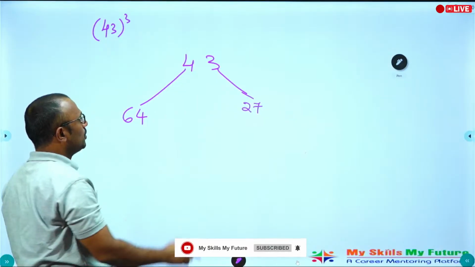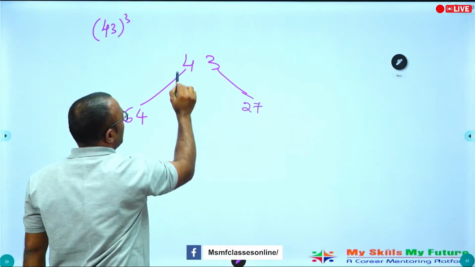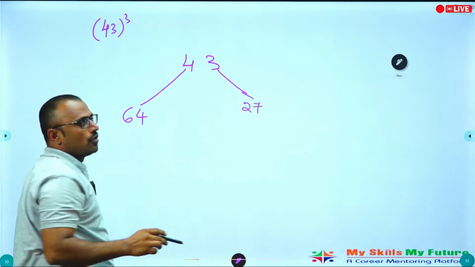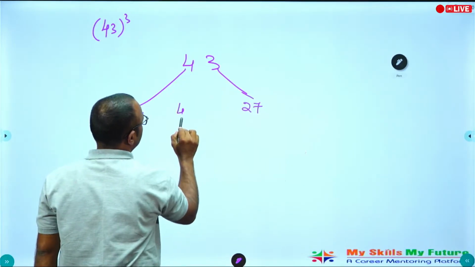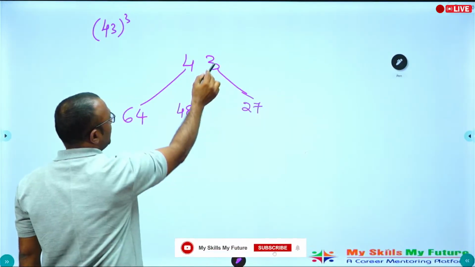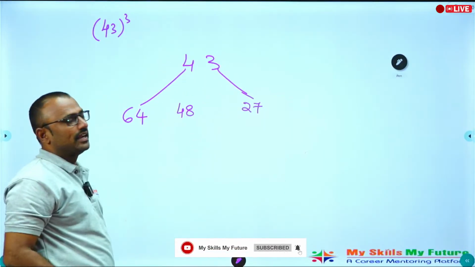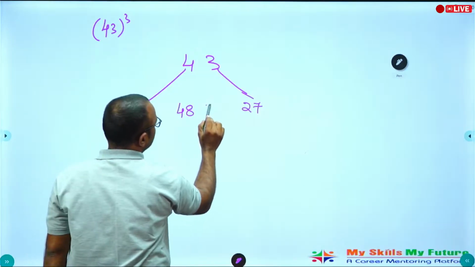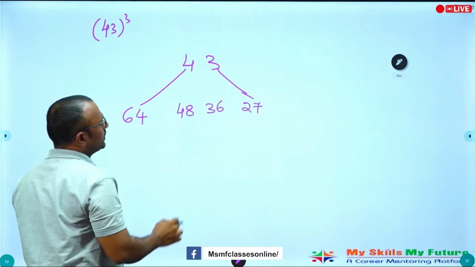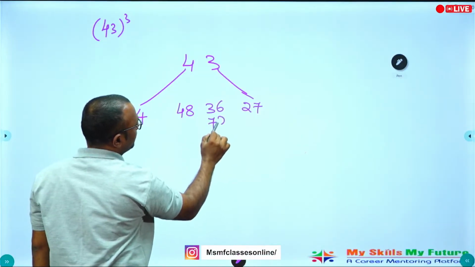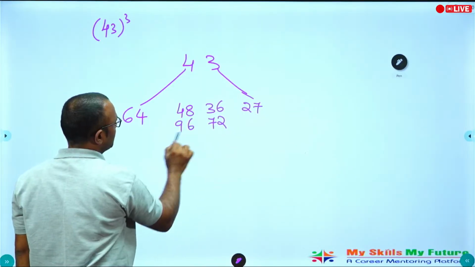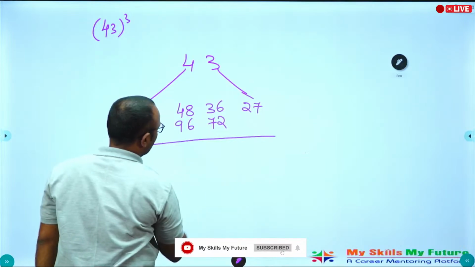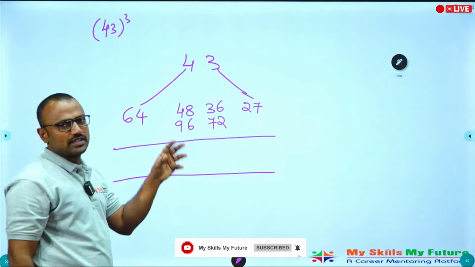Here 4 square into 3: 4 square is 16, 16 threes are 48. 3 square into 4: 3 square is 9, 9 fours are 36. Just twice the middle numbers: 36 gives 72, 48 gives 96. From here onwards the same procedure.